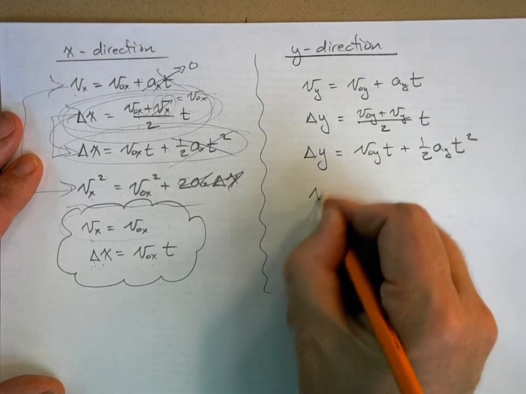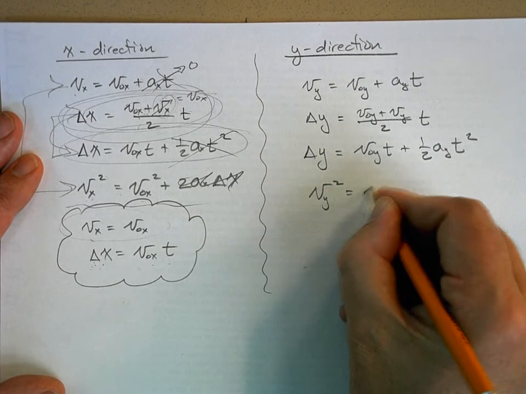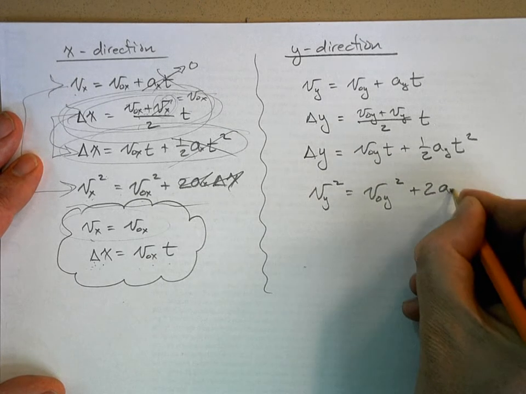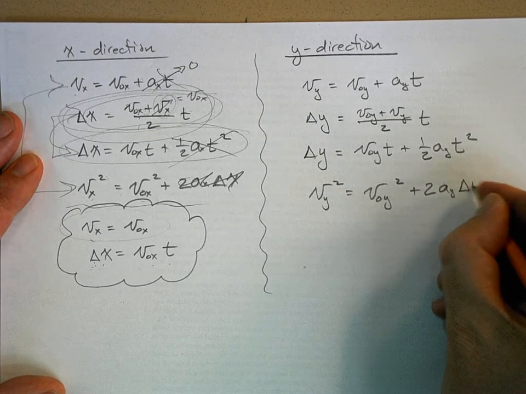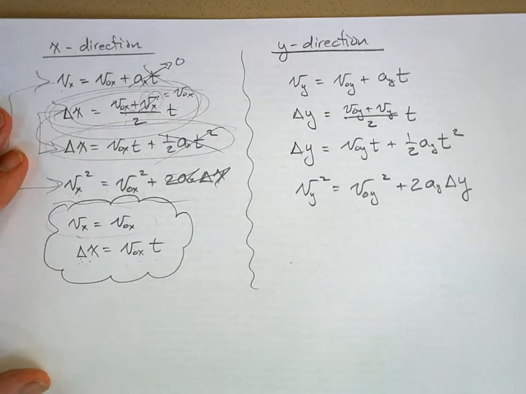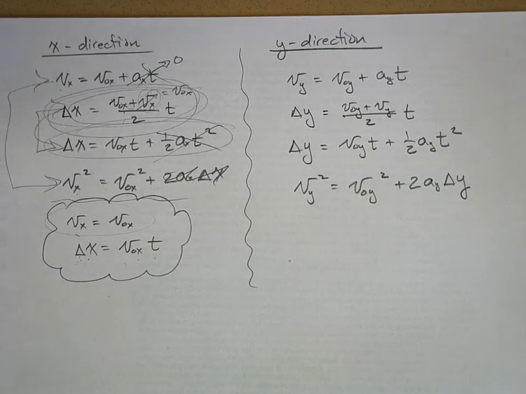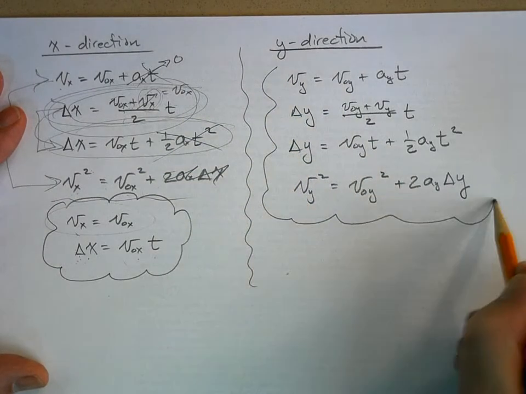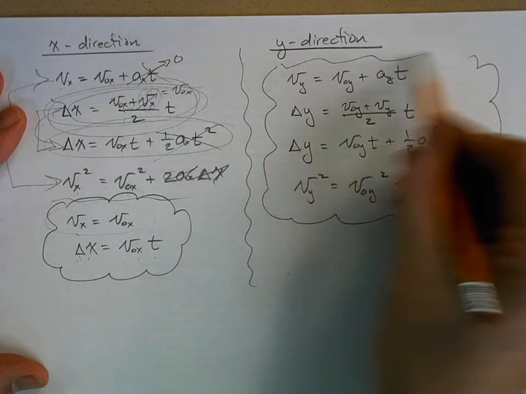And vy squared equals v naught y squared plus 2a in the y times delta y. Those are the four kinematic equations. And we need them all. We can use them all. Because we do know, but what do we know is true about the acceleration?